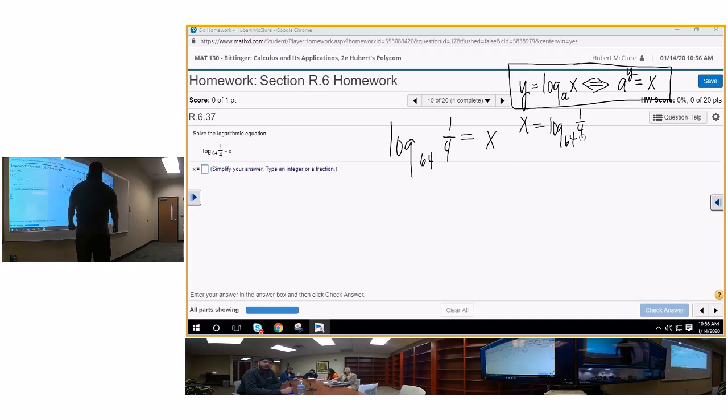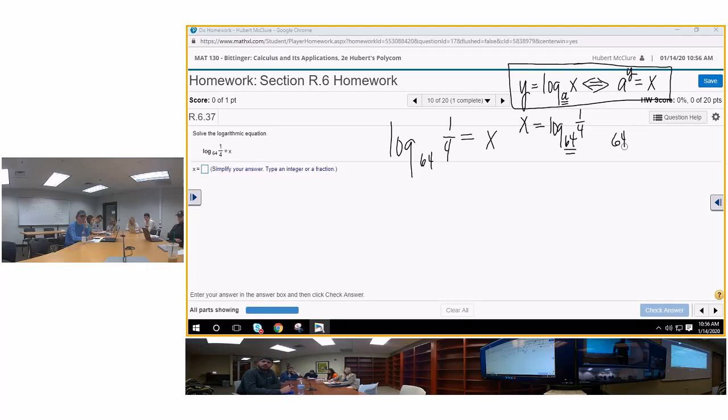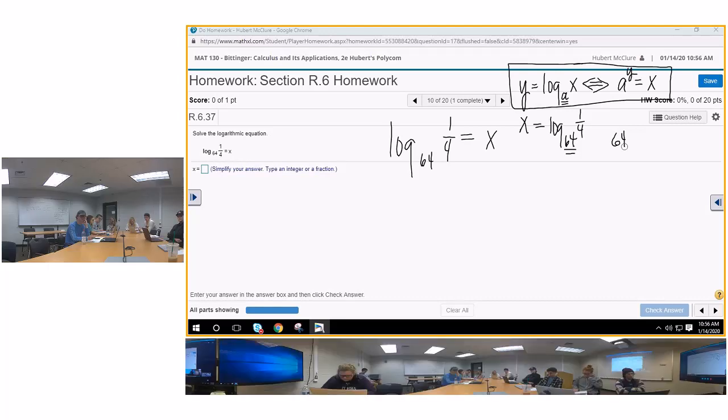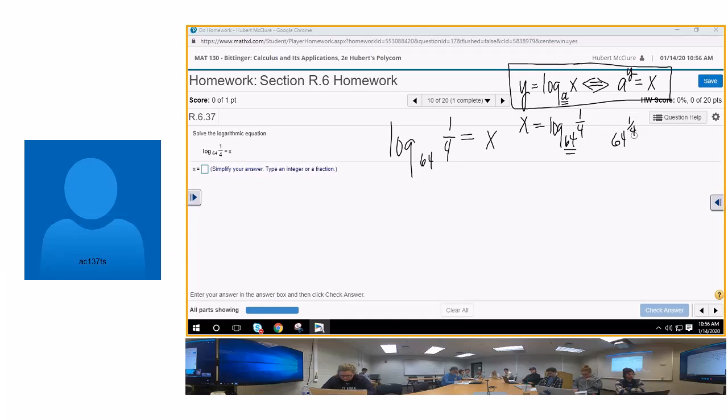Okay, so where's my a? 64 to the what? To the 1/4. I'm sorry, I just had a brain bubble. 64 to the x is equal to 1/4.